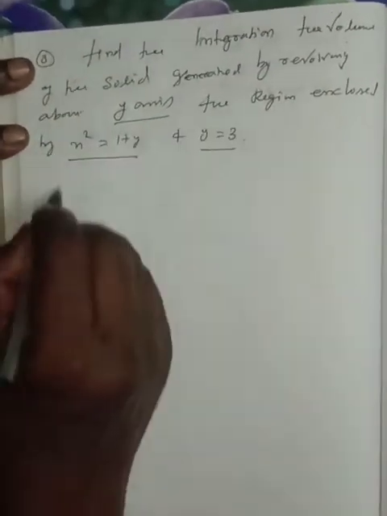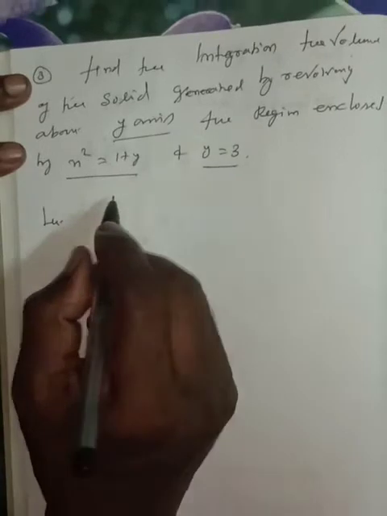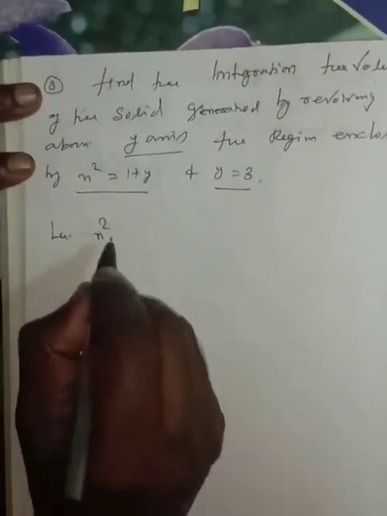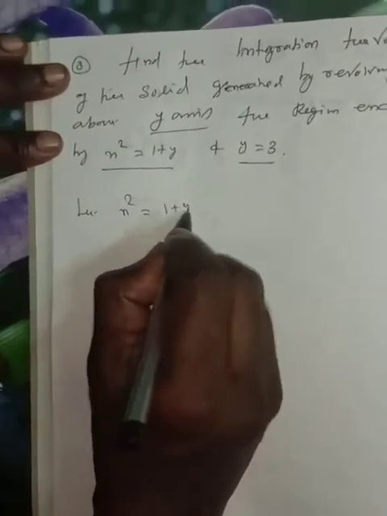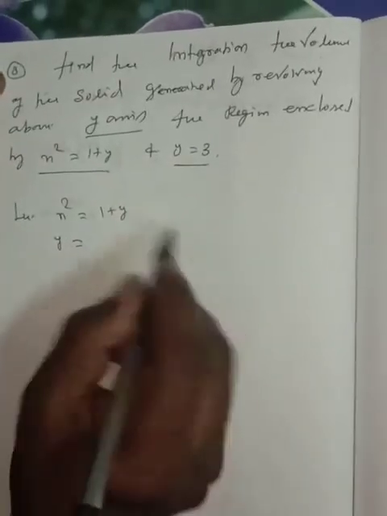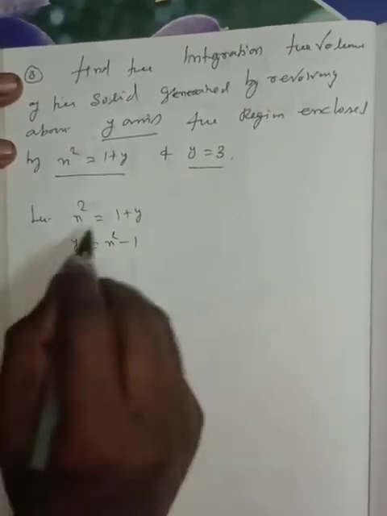Let the equation of the curve be x square is equal to 1 plus y. This means y is equal to x square minus 1.